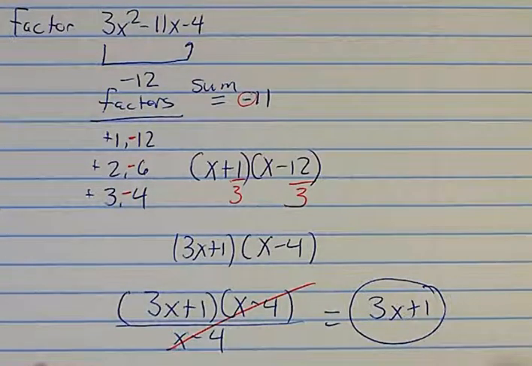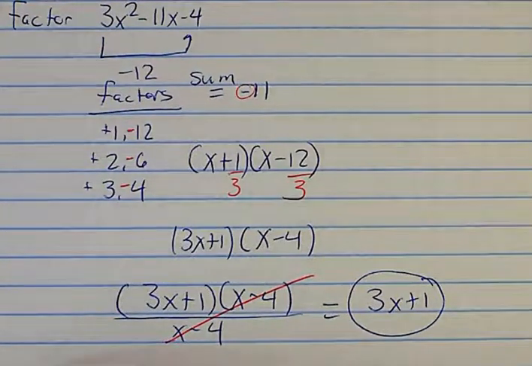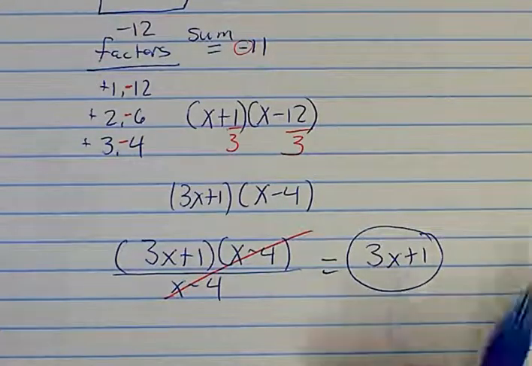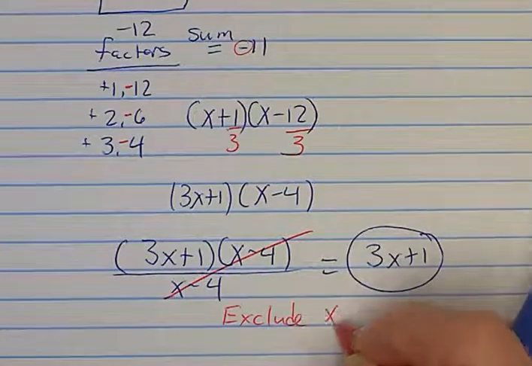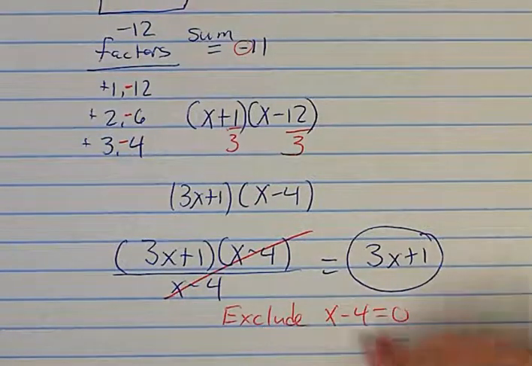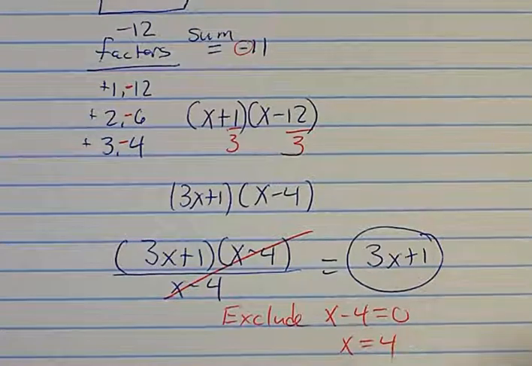Now for these, they're going to ask you for restrictions, so we're going to go back to the original problem where you had the x minus 4 in the denominator. So you have to exclude x minus 4 equal to 0, and adding 4 to both sides, you're going to exclude x equals 4.